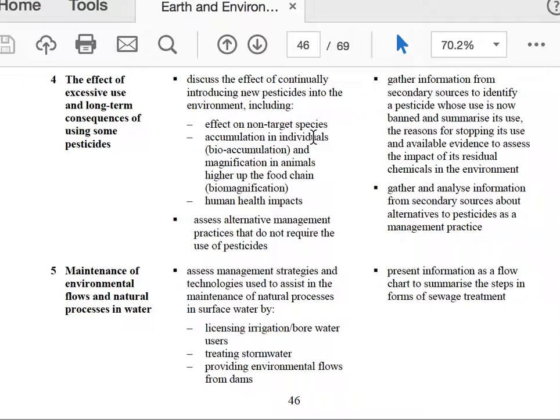Then we have to assess the alternative management practices that don't require the use of pesticides. And we have to identify a pesticide and gather and analyze information.